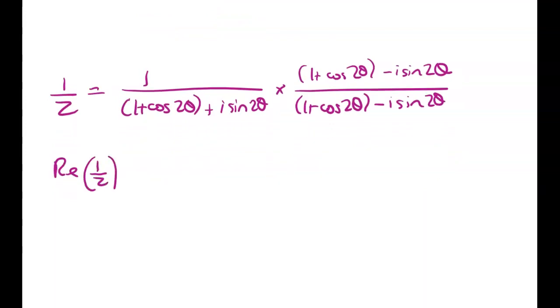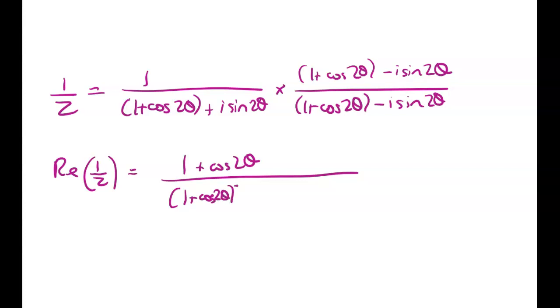So the real part of 1 over z is going to be 1 plus cos of 2 theta over 1 plus cos of 2 theta squared. Now the whole reason why we multiply by the conjugate is to get this to be real. So it's going to be plus sine of 2 theta squared.